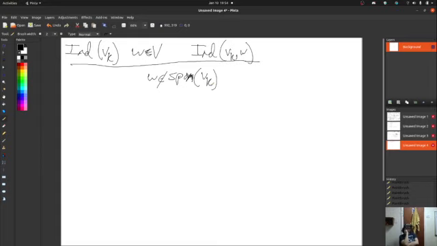I'm thinking, okay? W is not in the span means there does not exist. Wait, this isn't that obvious, is it? It's also a different linear, so you gotta remember to do both directions. This isn't that obvious.